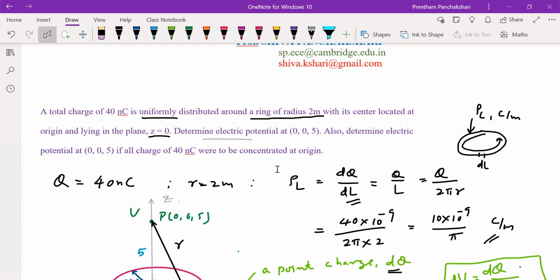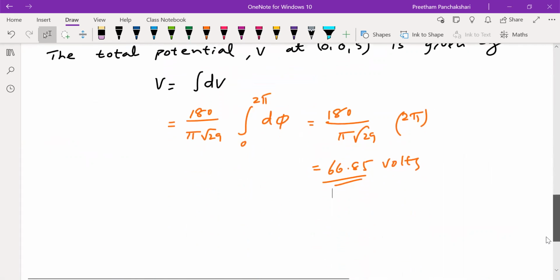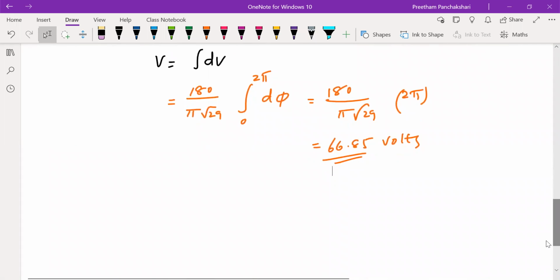Then what is the electric potential at the same point? So here we have to compare the electric potential at a point due to a ring and a point charge of the same values. So let us proceed with the second part of the question.